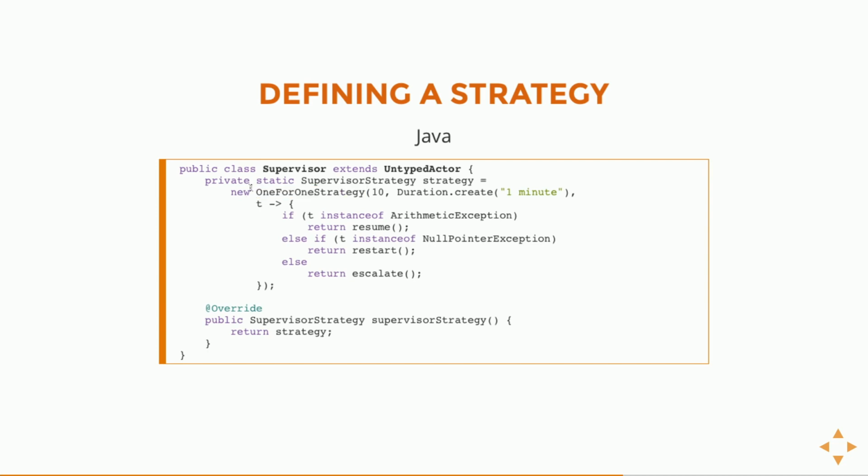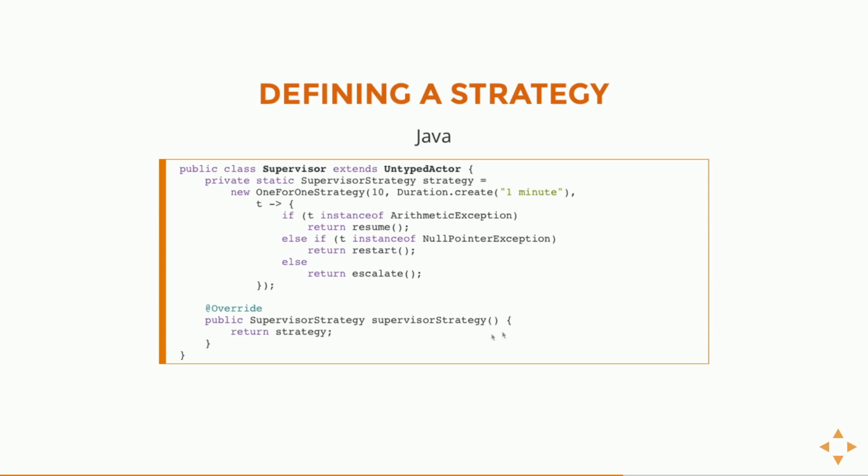In this case, we have the one-for-one strategy, so basically a strategy that is unique for each single actor in your system. It's also possible to define a strategy that should apply to all the instances of the actor, but in this case we just want to define a strategy for each individual instance of this actor.